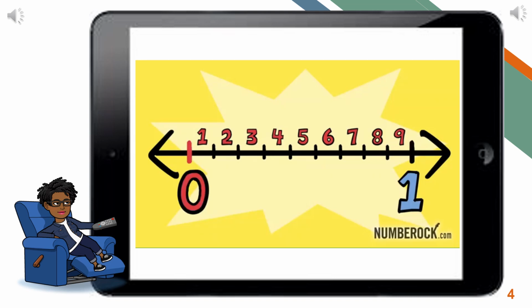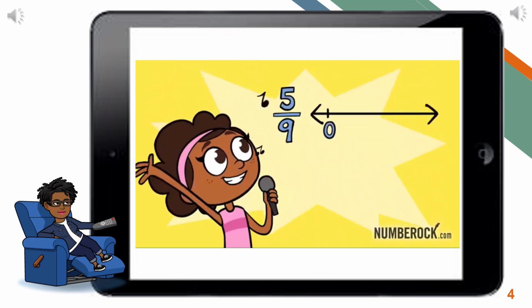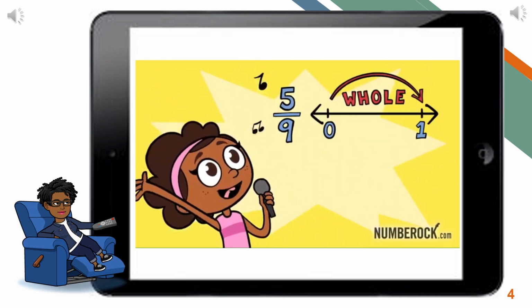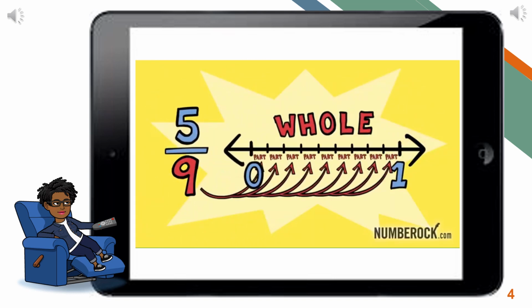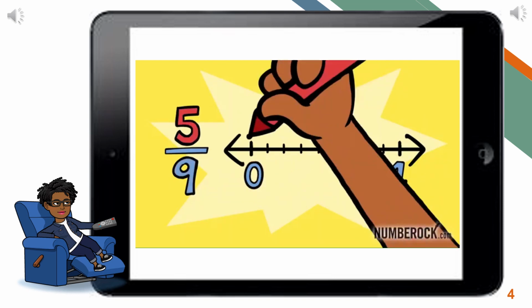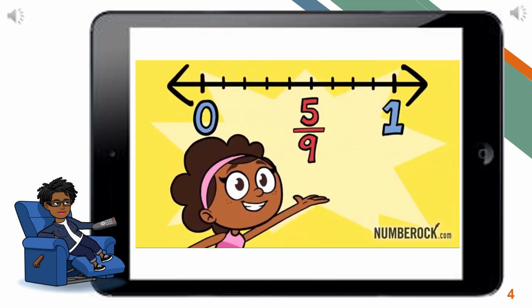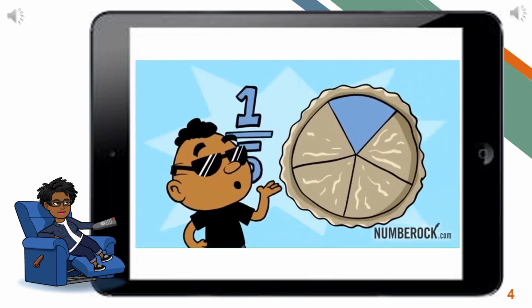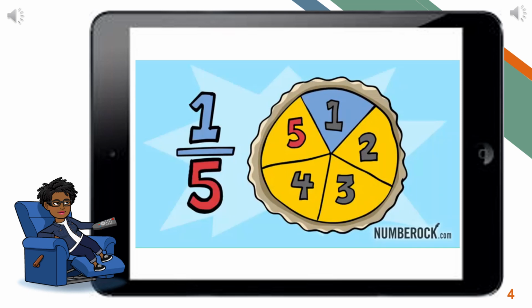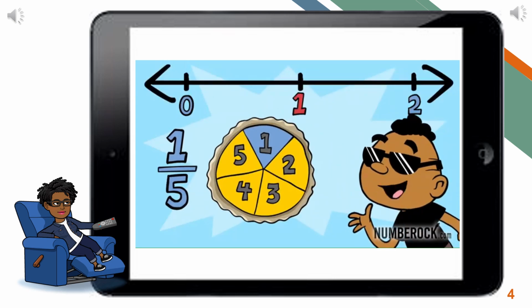Starting from 0, count 5, and at 5 9ths we arrive. Make a line that starts from 0 to the 5th mark, and 5/9 is what you'll find when you get that far. Let's use the number line to describe this pie. First count the total pieces, there are 5. 5's the denominator, all the parts, so 5 goes underneath the fraction bar. This number line goes from 0 to 2, but the fraction's less than 1, so here's what to do.